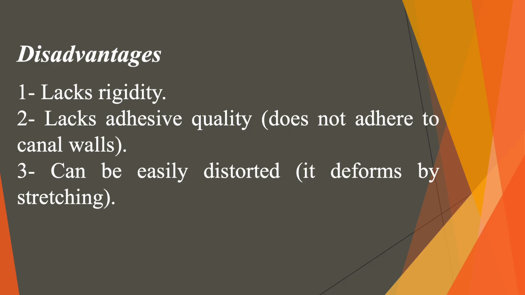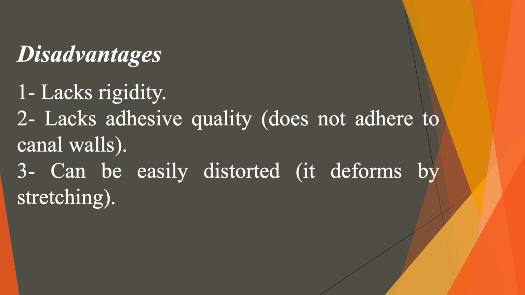Let's see the disadvantages. Lack of rigidity. It's not rigid. If we didn't make a very good cleaning and shaping and create a space for the gutta percha, it will not enter the root canal and it will bend. So it lacks rigidity, so it can be bent.